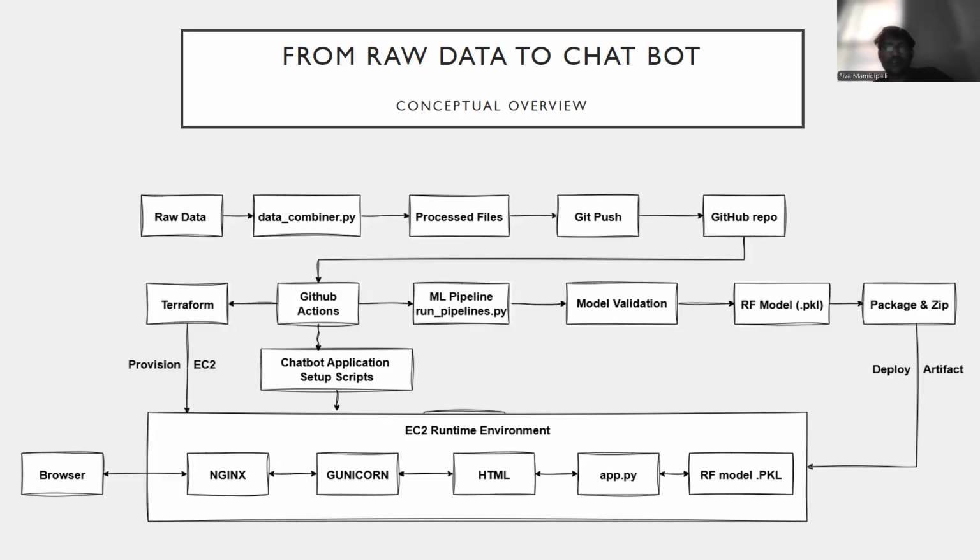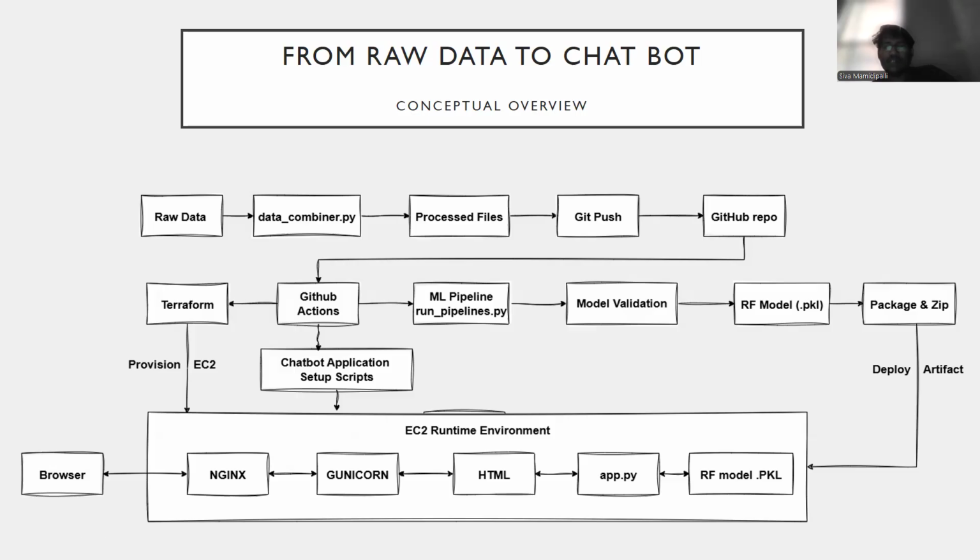The processed files are the combination of the files required for this project. For example, the ML pipeline and the application code, here it is the Flask API, API.py, HTML, Nginx, and Gunicorn files.